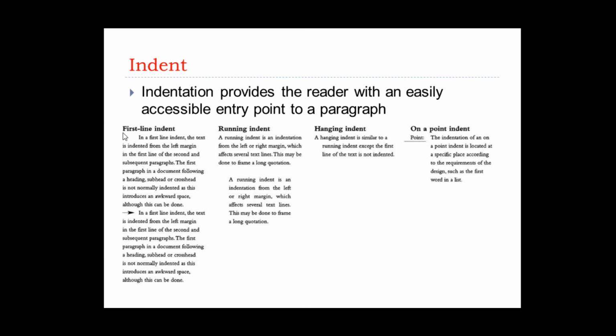In the first category, you can see the indentation is from the first line of the second and subsequent paragraphs, and in the case of running indent, the indentation will be affecting several text lines, and in case of hanging indent, the indentation is given to the lines except the first line, and in the case of on a point indent, the highlight is given to a specific place according to the requirements of the design.